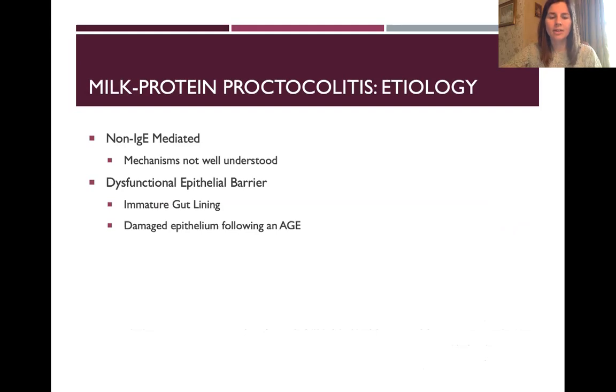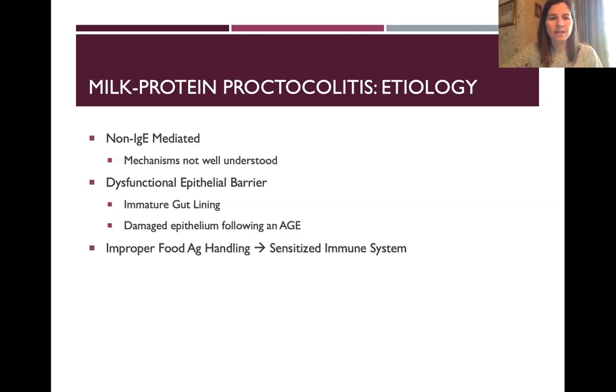There is thought that the lining of an infant's GI tract is one, immature, which inherently leads to some dysfunction of its barrier function, or two, that the infant had an acute gastroenteritis, and that illness led to damage of the epithelial lining of the GI tract.